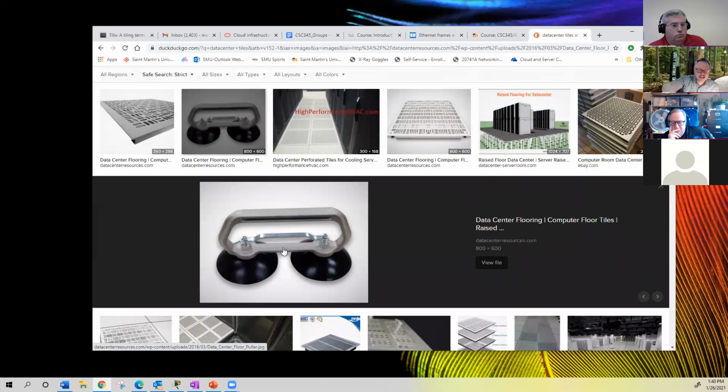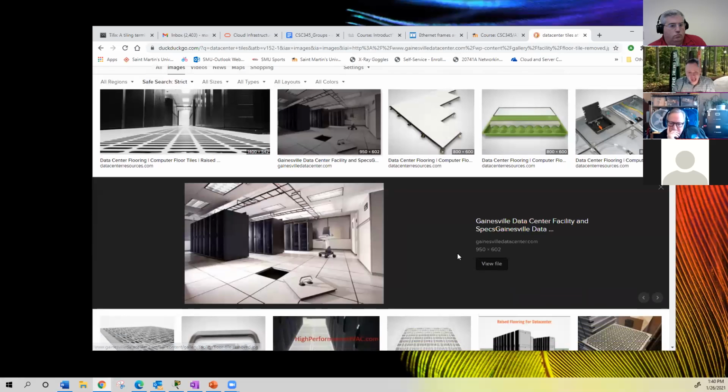You push it down on the top of the tile, and it suctions onto it, and you grab that top part of the handle and just pull off the tile right here. Then you can run a new network cable or a power cord, whatever you can run underneath the floor. It's kind of a pain getting underneath there and running a new cable. Sometimes you've got cable contractors that'll run it for you, and that's their job.